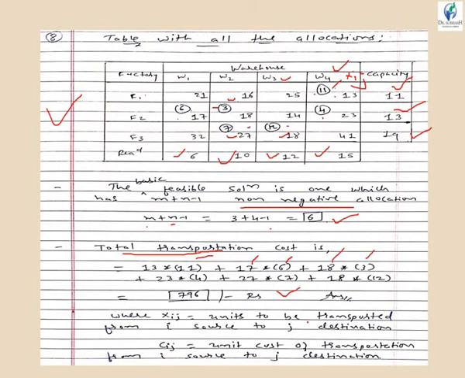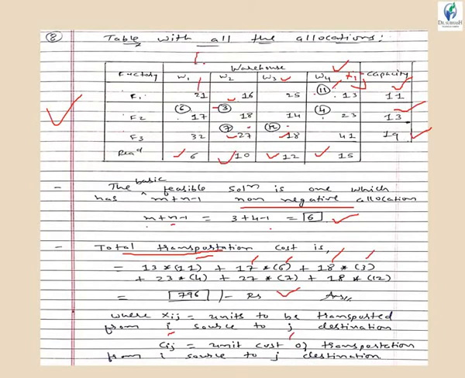Here xij is the number of units to be transported from the ith source to the jth destination. So i is equal to 1, 2 and 3: there are 3 sources, F1, F2 and F3, and the jth destination means warehouses W1, W2, W3 and W4, so j is equal to 1, 2, 3 and 4. This value is shown in brackets. Now Cij is the unit cost of transportation from the ith source to the jth destination.